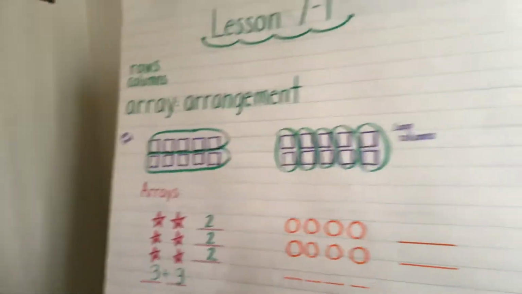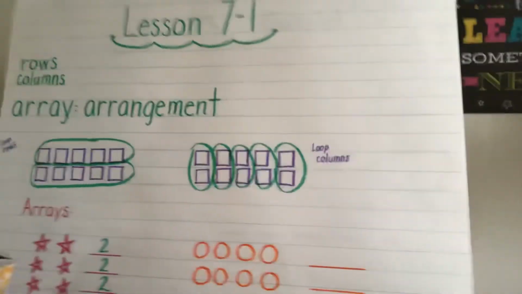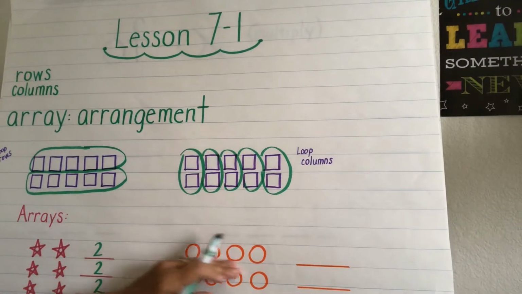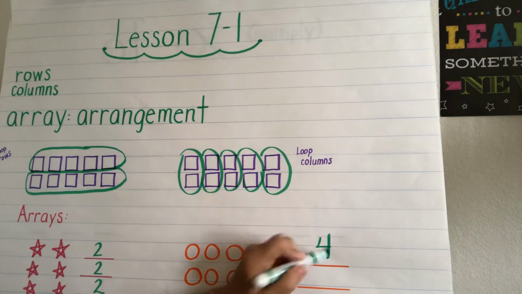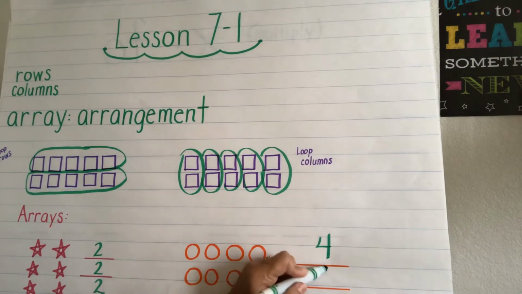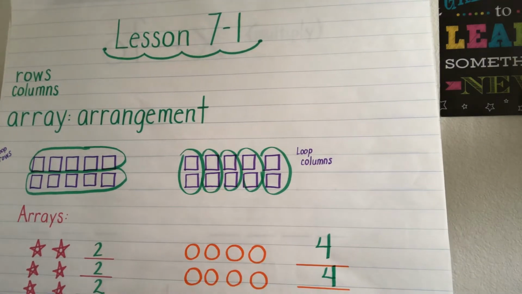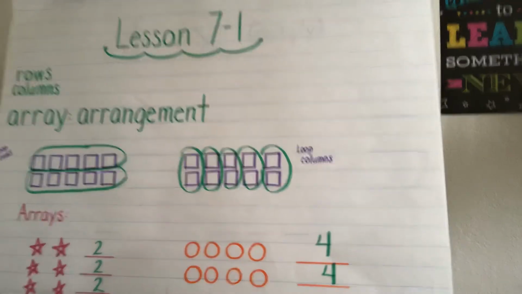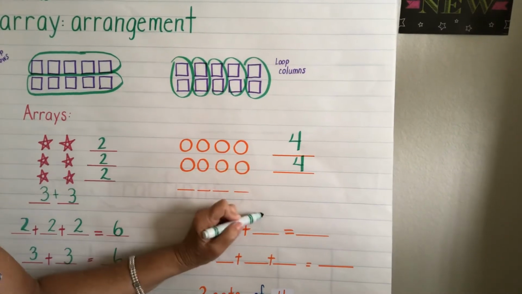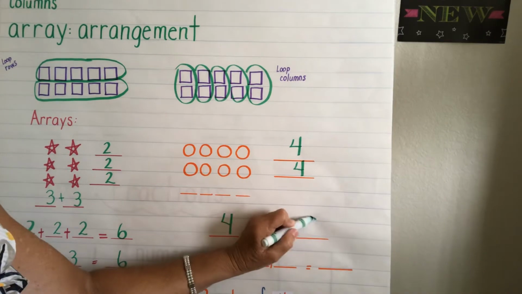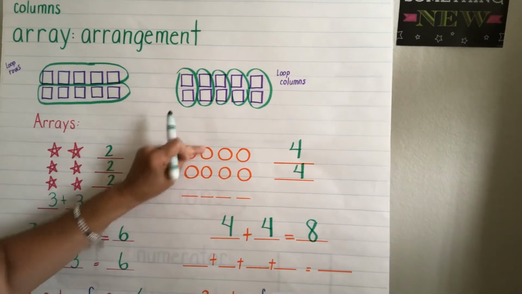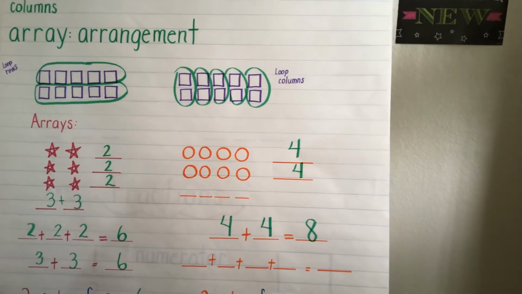Okay, let's practice that again with different numbers. In this row, I've got 4. In this row, I've got 4. I know that I can add 4 plus 4, and it equals 8. Let me check. 1, 2, 3, 4, 5, 6, 7, 8. That is correct.